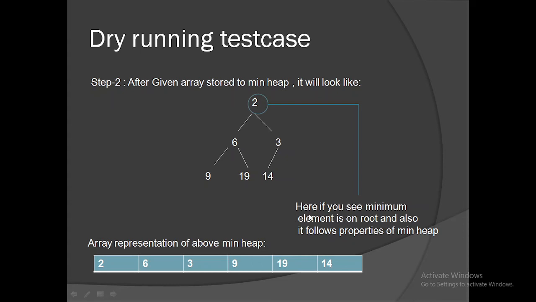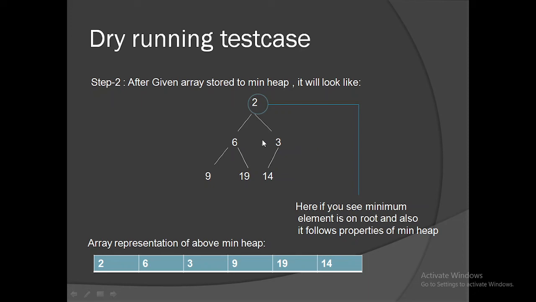Okay. Now here if you see, the minimum element is on the root and it also follows the properties of min heap. If you want to see this in your code, or debug your code, you will not be able to see this tree structure, because we are not maintaining any tree structure in our code.